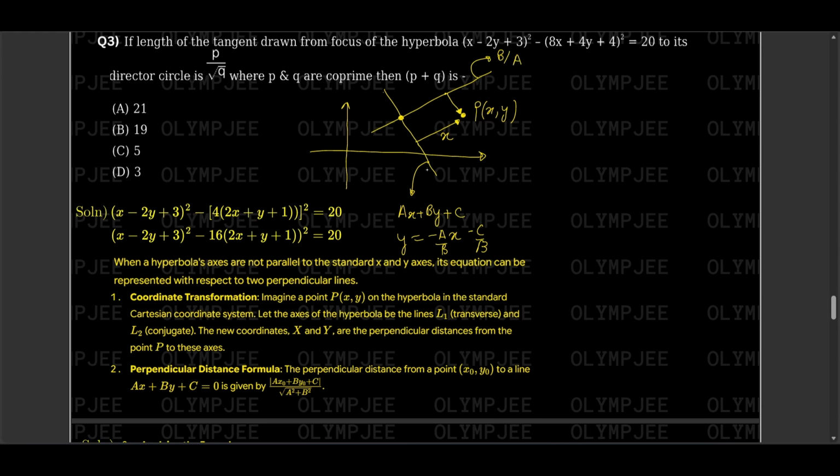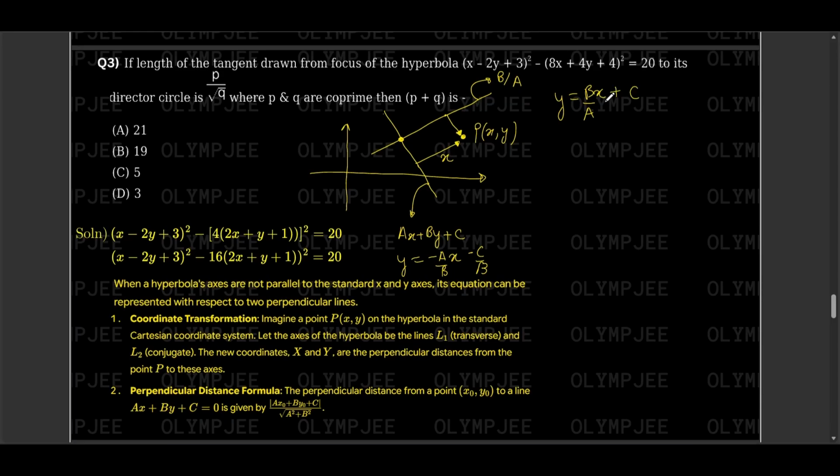So the equation of this line would be y is equal to b by a x. So the equation of this line can be finally given as ay minus bx minus some other constant c dash is equal to 0. So this line has this equation.